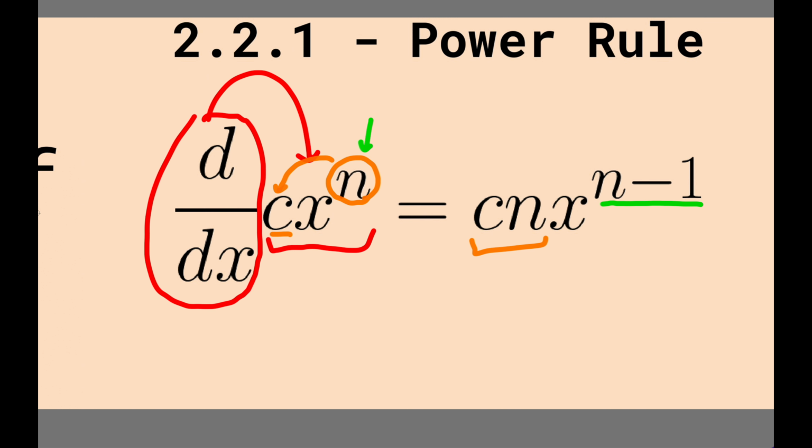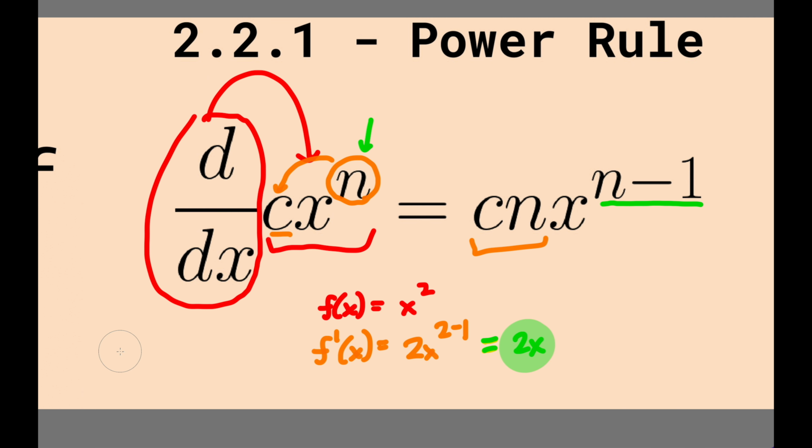Okay, so here's just an example. Let's say f of x is equal to x squared. I want to find the derivative of this. All I have to do is drop the 2 in front, so it's going to be 2x, and then I subtract 1 from the power. So in essence, this becomes 2x to the first power, or just 2x.